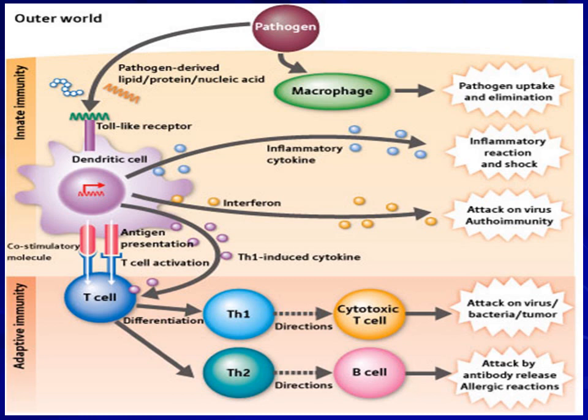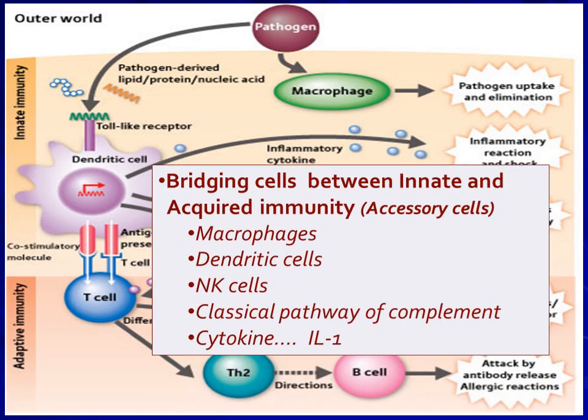And the T helper 2 cells are responsible for the activation of B cells to produce the concerned antibodies against the microbes that entered the body, and those antibodies will give protection to the individual against these microbes. So here the person is getting resistance in the adaptive or acquired immunity by exposure to the antigen. By exposure to the antigen, all these things take place and are responsible for building the immunity.